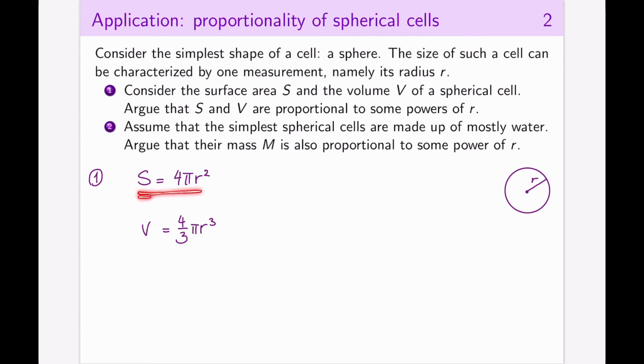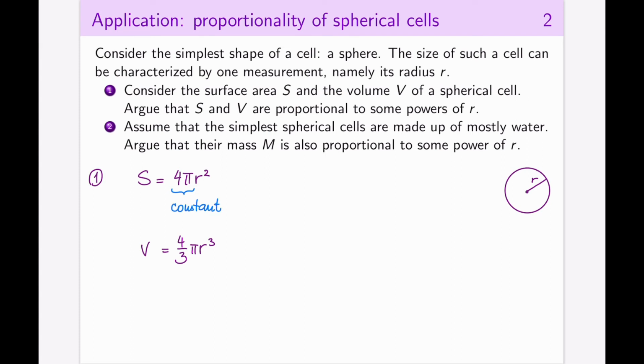Okay, let's take a look at the surface area first of all. We are asked to show that it's proportional to some power of r. Notice that 4, of course, is a constant, and pi is also a constant. Pi is some number, 3.14, and so on. While it is infinite in its decimal places with no repeated pattern, it is in fact a constant.